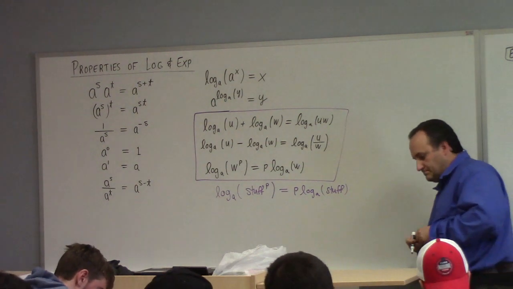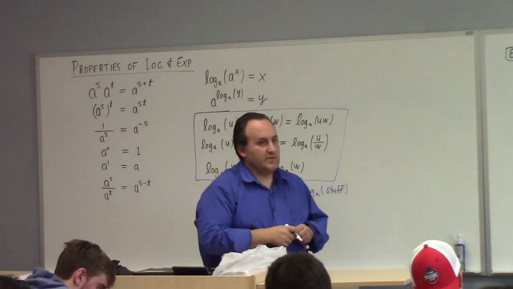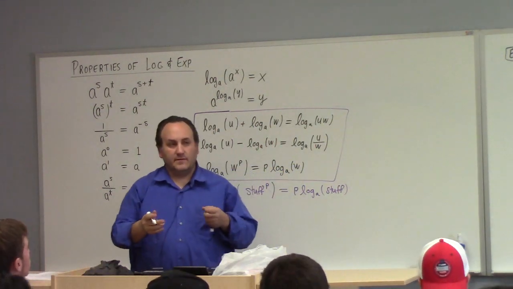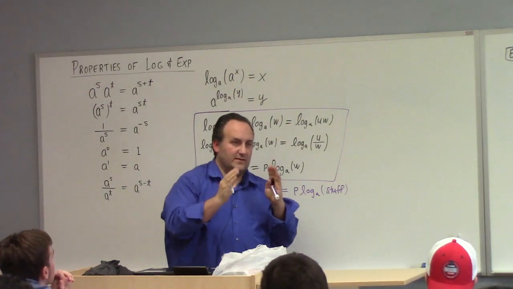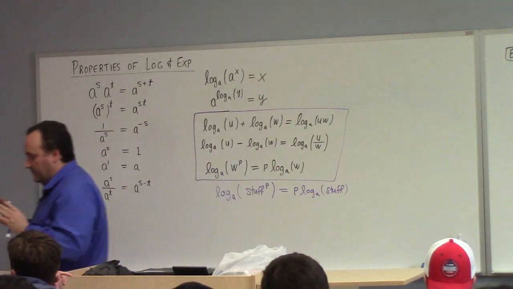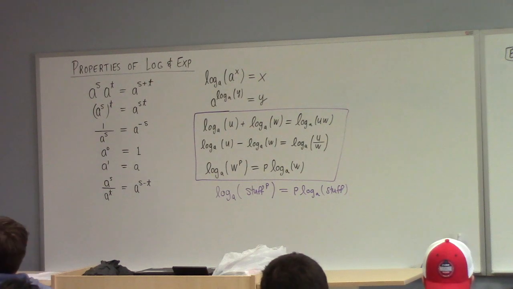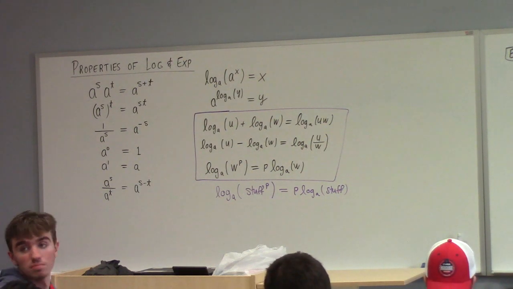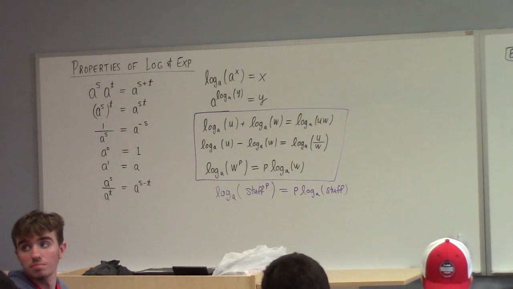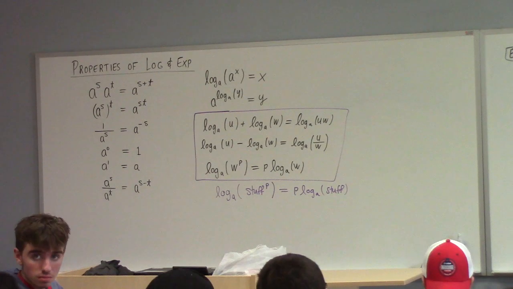Why? Because the power 2 does not apply to the entirety of what's in the logarithm, all right? Do you see it? In order to apply the power property for the log, I have to have everything raised to the power.